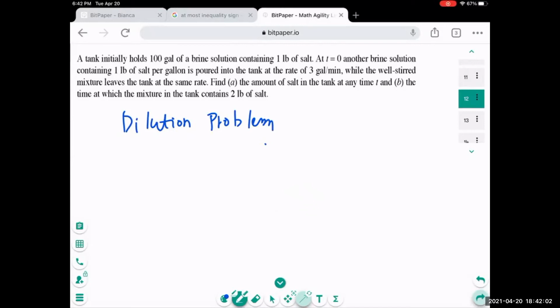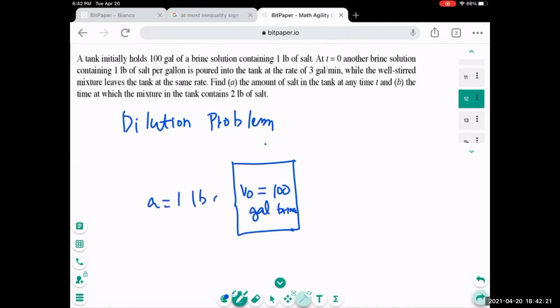So let's try to draw the situation mentioned in the problem. So we have an initial volume of 100 gallons of brine, and it contains 1 pound of salt initially, and then it's adding another brine solution at t equals 0.